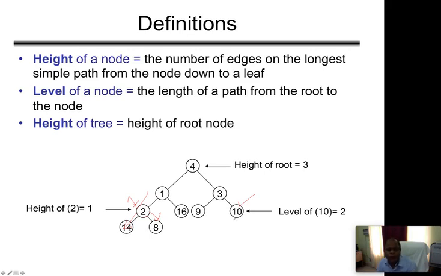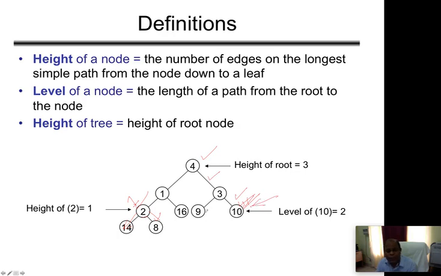Now, the level of a node. The length of the path from the root to the node is called the level of the node. What is the level of this node 10? See, from the root to this node, how many edges will there be? How long is the path? This is one, this is two. Hence, the level of this node is 2.